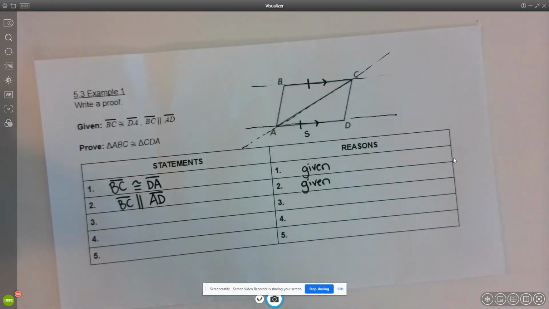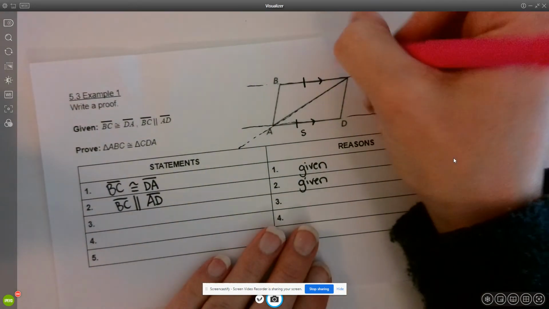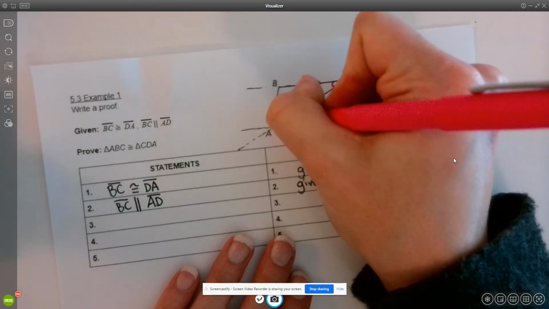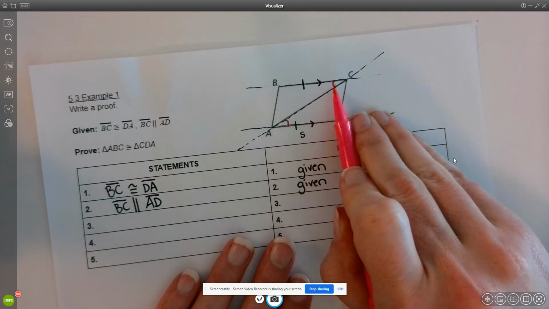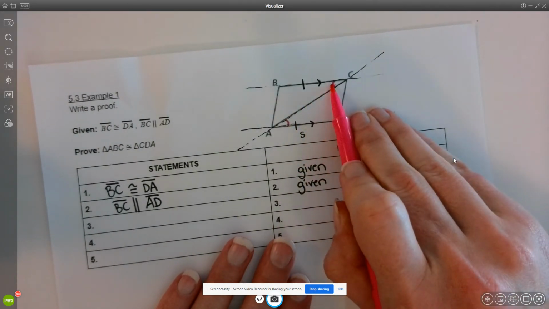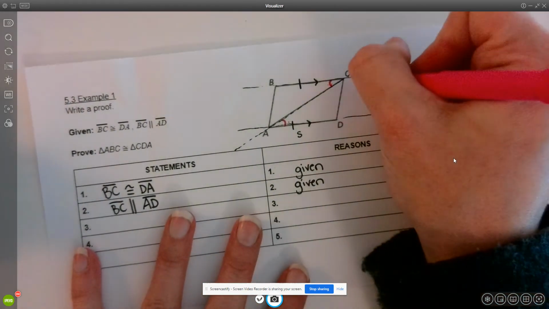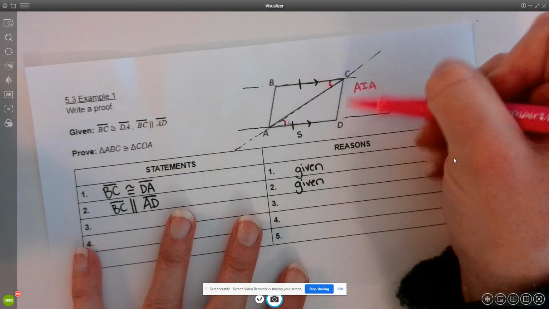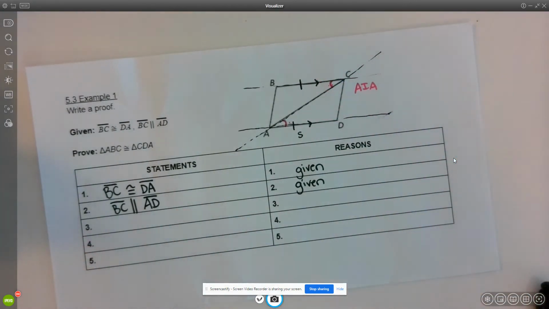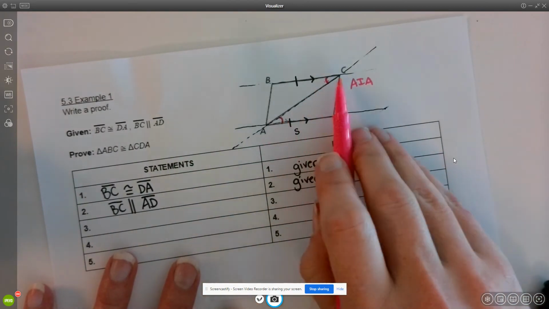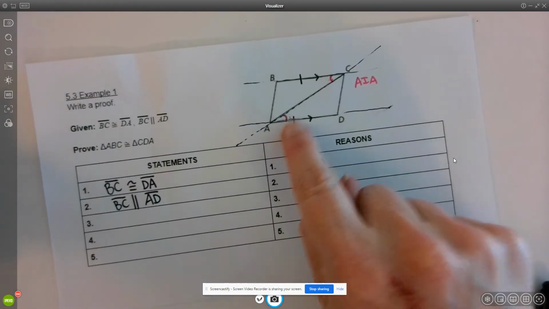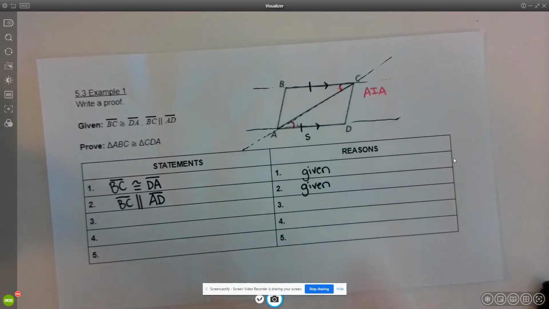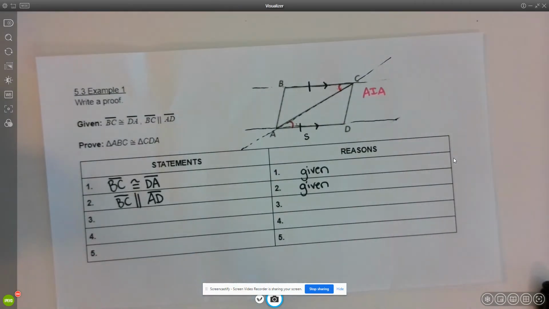And so if I'm looking at some of the angles in my triangle, I see that this angle here in this triangle and this angle here in this triangle, they make a pair of alternate interior angles. They're on opposite sides of this transversal inside the two parallel lines. And I know that alternate interior angles are congruent when the lines are parallel. So I just used the parallel lines to find a pair of congruent angles in the triangle. Let's go ahead and put that in our proof.